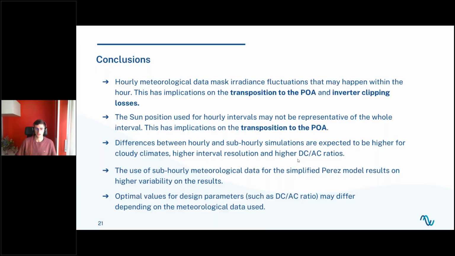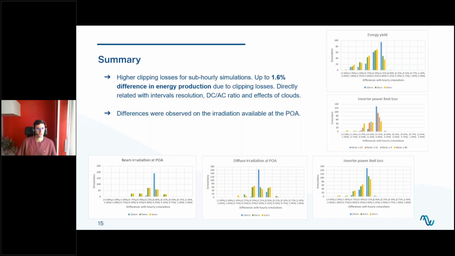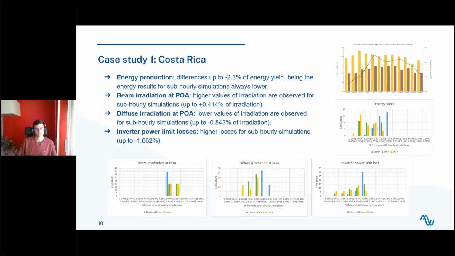For example, here we can see how for Costa Rica there were some simulations where the differences in the inverter power limit loss were around the maximum minus 1.6%.